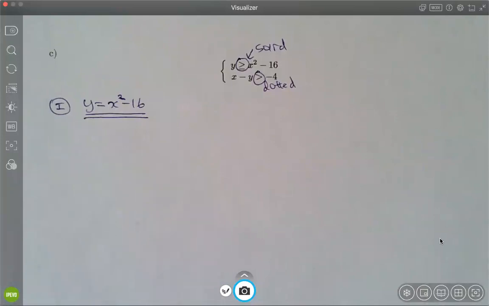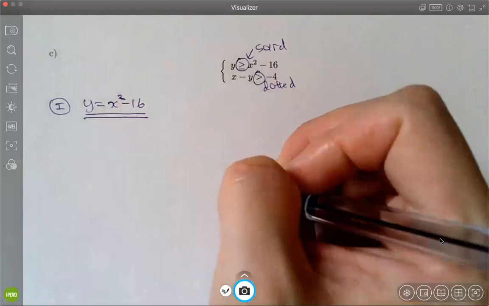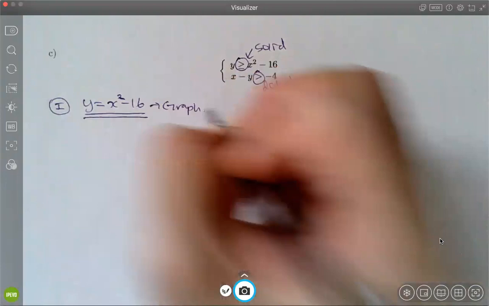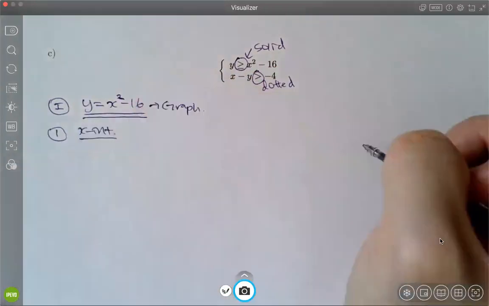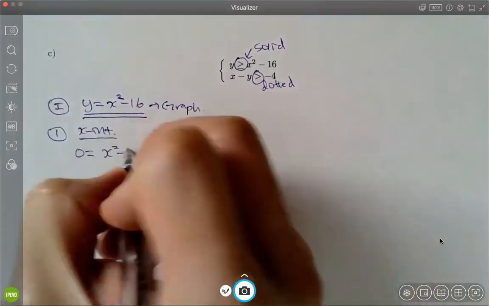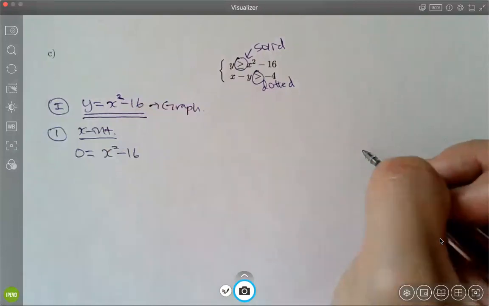Okay, so let's find the 3 points. And how are we going to find them? First, let's find the x-intercepts. So set y to 0. You get x squared minus 16 equals 0. Now, how do you solve this equation?